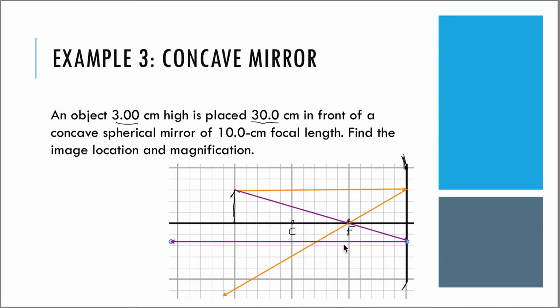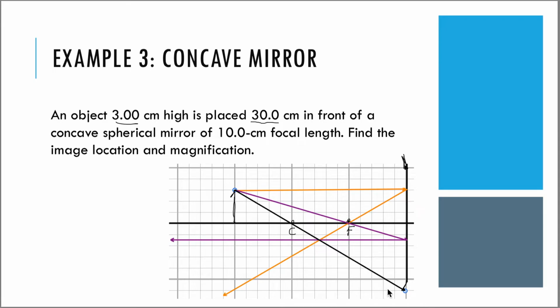There we go. And then the last ray is going to be through the center of curvature and reflects right back on itself. So you start that ray at the tip of the object, and then you make it go through that center, and if you're counting the squares, it should go through this point here, because I'm going down 3 over 5, down 3 over 5, down 3 over 5, so that's how I know exactly where it's hitting the mirror.